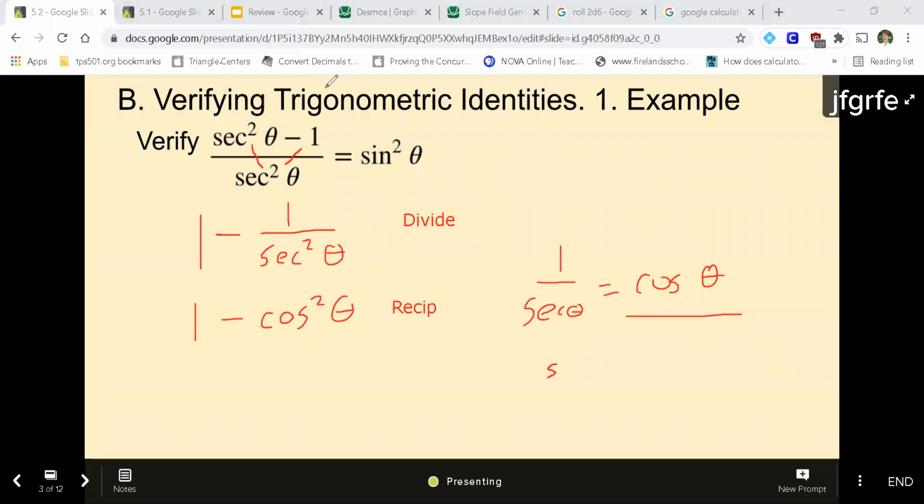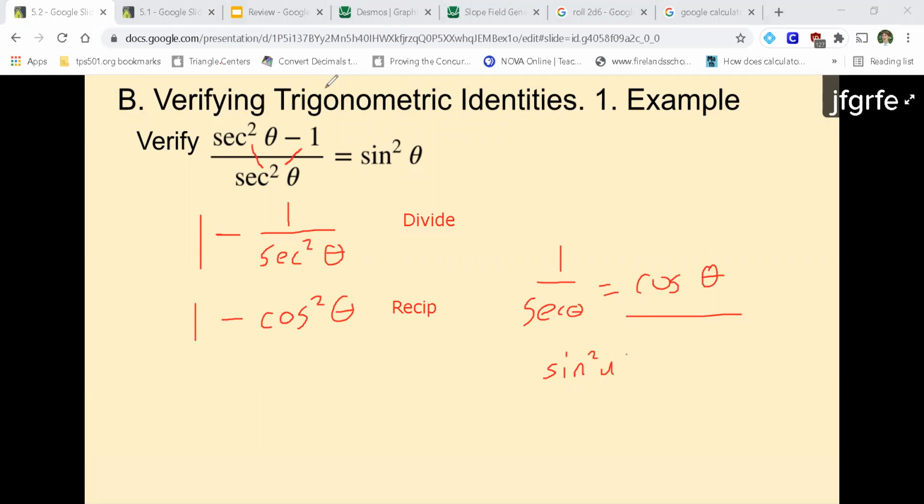So if sine squared plus cosine squared is 1, then if I subtract cosine squared from both sides, that means sine squared is just 1 minus cosine squared.